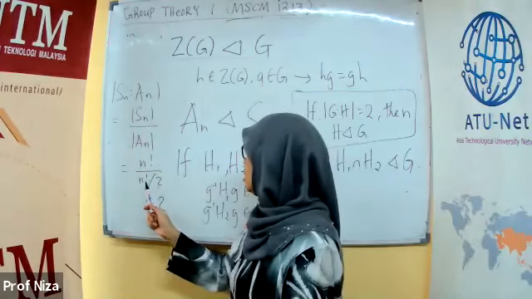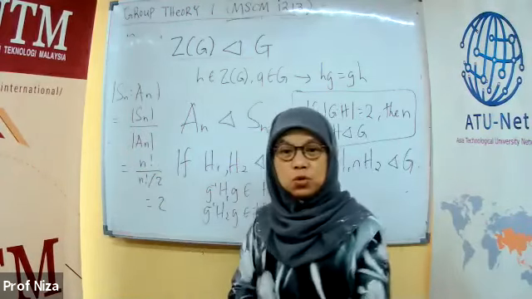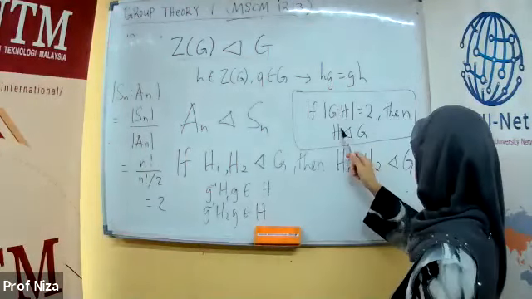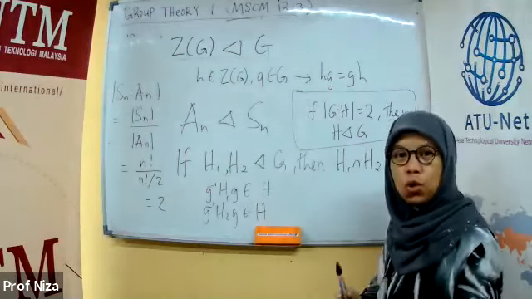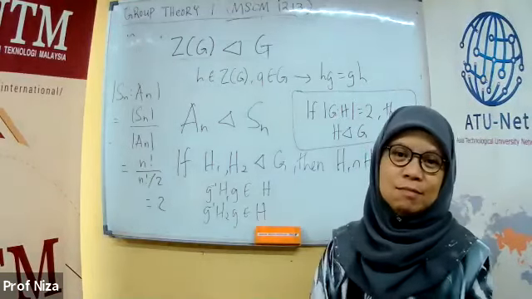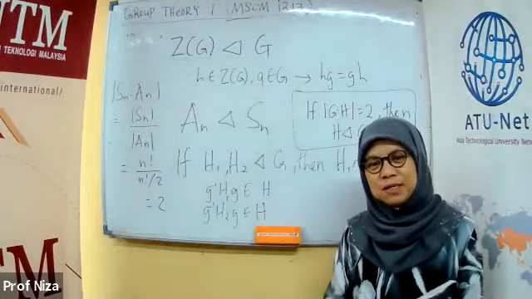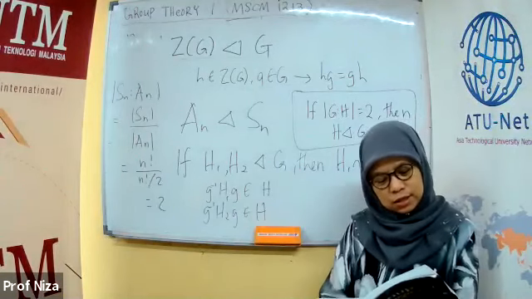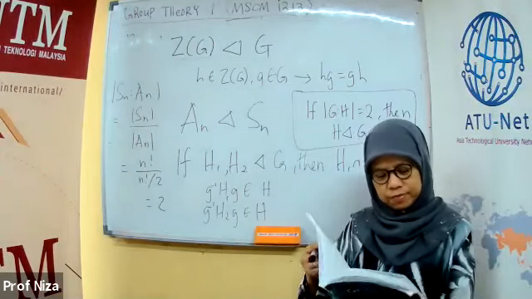The order of An is n factorial over 2, so it's 2. So if the index is 2, then it's always normal. This is a very famous theorem, and it's quite easy to prove.